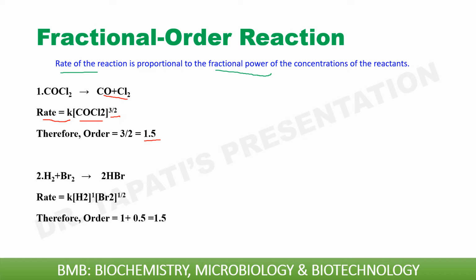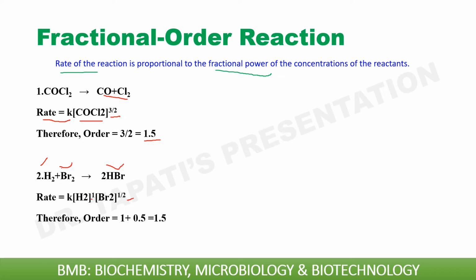If you consider the second reaction, here substrates are H2 and Br2. Product is HBr. In that case, rate of the reaction is K into H2 power of 1, concentration of Br2 power of 1 by 2.